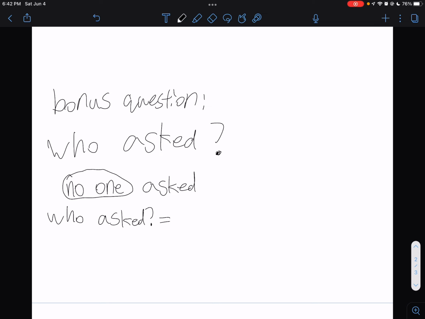And so no one, we can express this word as an imaginary person. Basically an imaginary person, we can represent that with i. And there we go, we have the answer to who asked: i asked. So next time, if anybody wants to mock you with who asked, answer them with i asked.